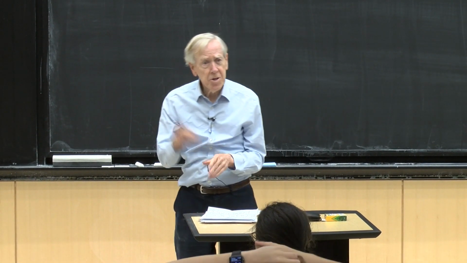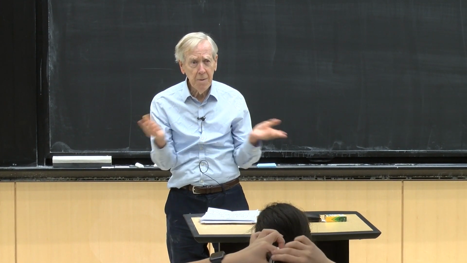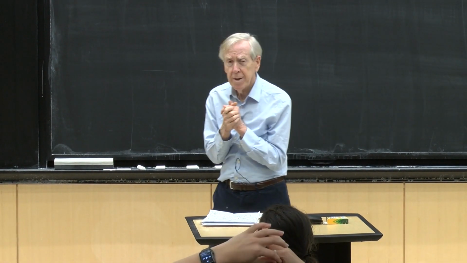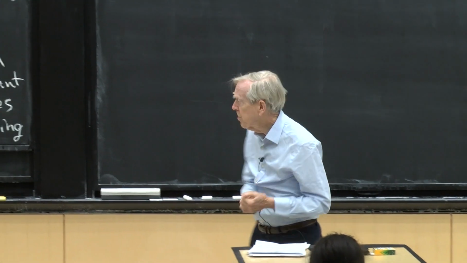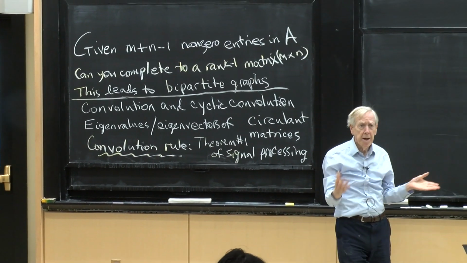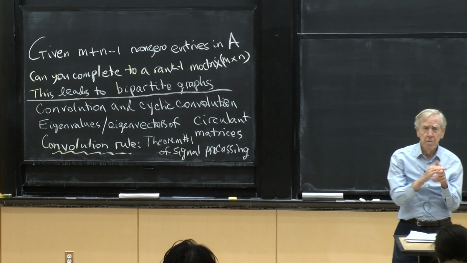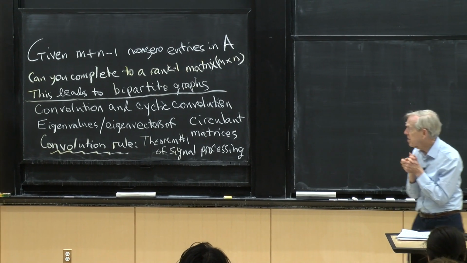So actually, the second lab, as I was watching it, I was thinking of a math question, and may I report to you on that math question? You remember the lab was completing a matrix. You've got some entries, and you can put in any other entries in the other positions.